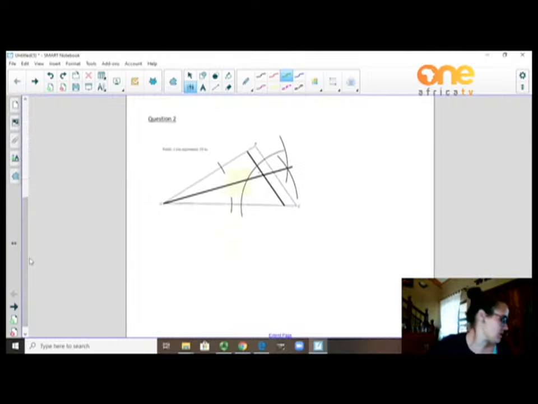Let's look at question 2. A treasure is hidden in a triangular field where 1 centimeter represents 10 meters. Using a straight edge and compass only, construct the scale drawing the locus of points within triangle ABC, which are equidistant from AB and AC. So you need to take your compass, and point A will be your angle bisector.